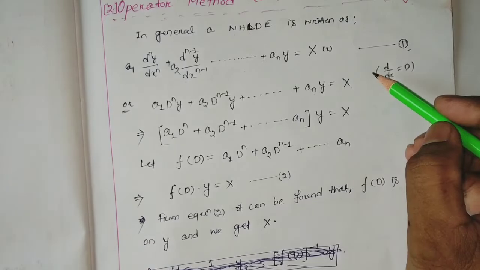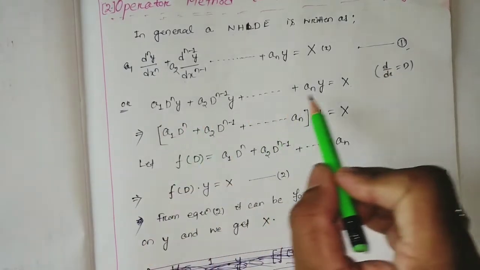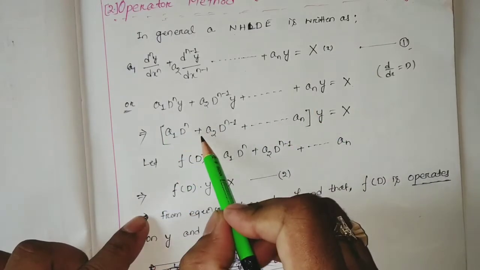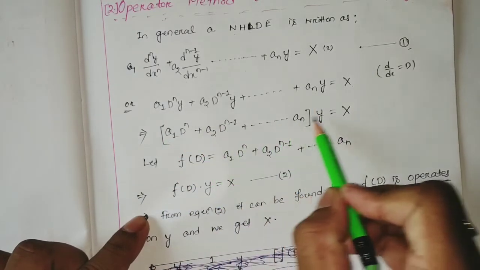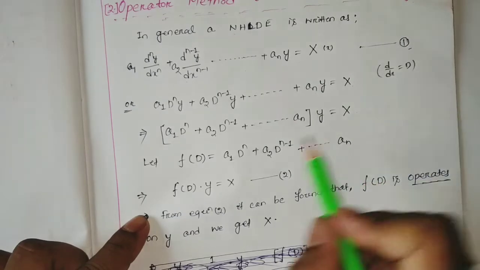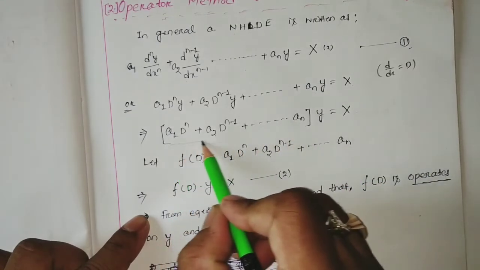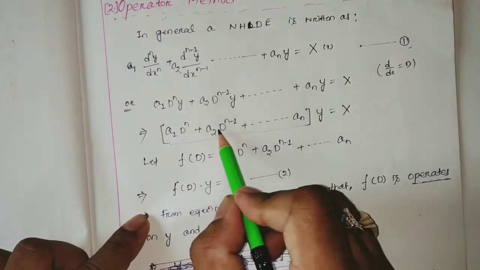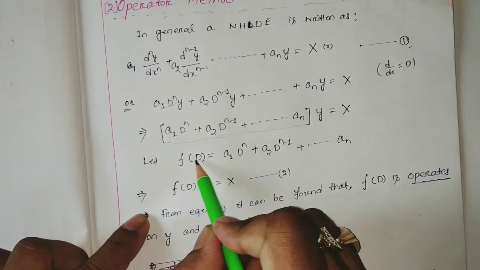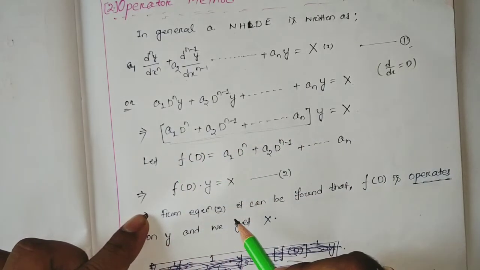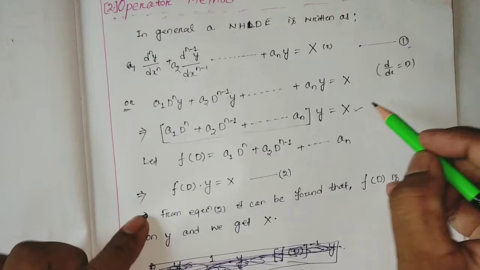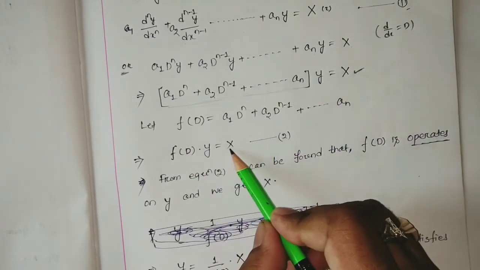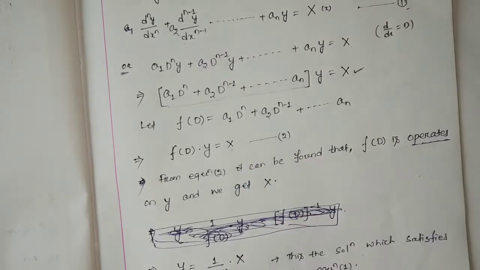Here the left hand side can be written as a1 D^n plus a2 D^(n-1) up to an, y equal to X. You can see this term contains the D terms, so let it be a function of D, f(D). So this equation can be written as f(D) y equal to X. Let this be equation number 2.